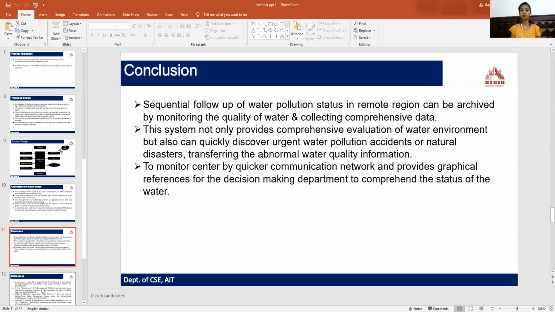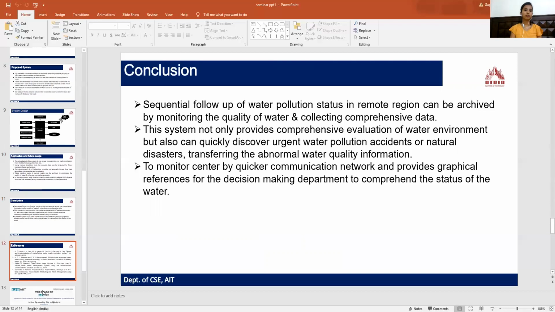It also provides a graphical reference for the decision-making department to comprehend the status of water.